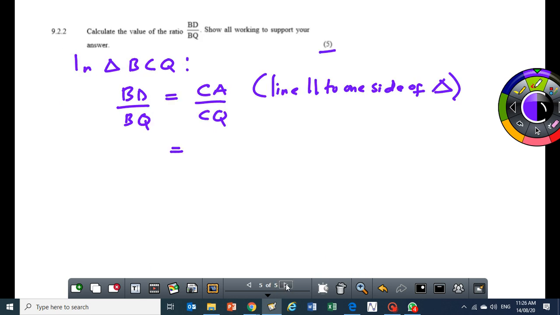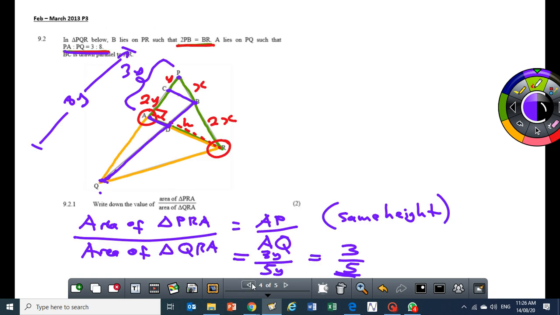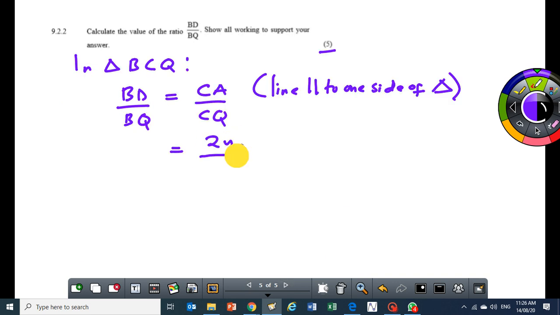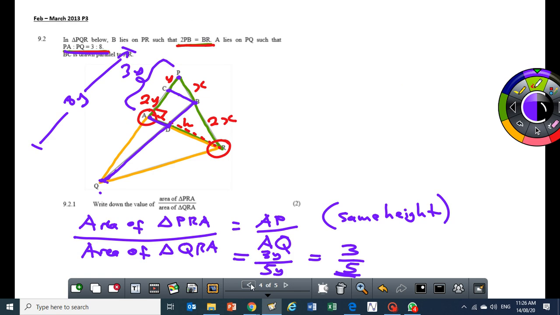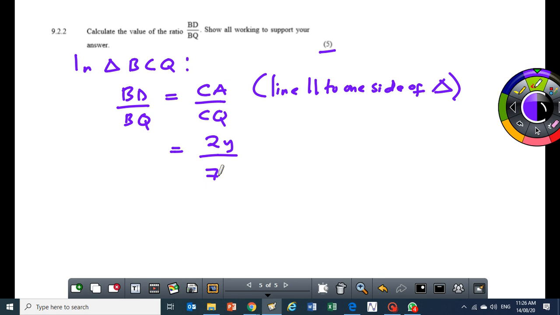So I'll write here CA, that's 2y, divided by CQ, which is going to be 7y. So my final answer is going to be 2 over 7. So the ratio of BD over BQ will equal 2 over 7.